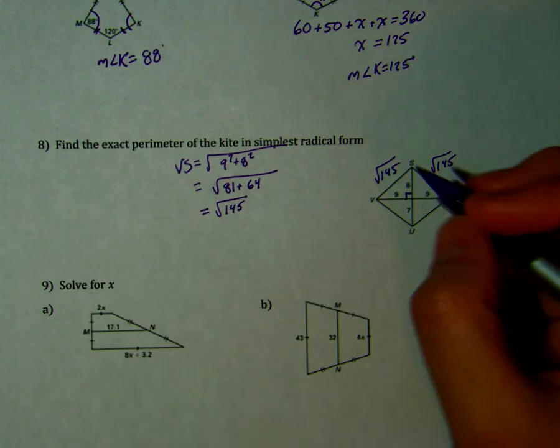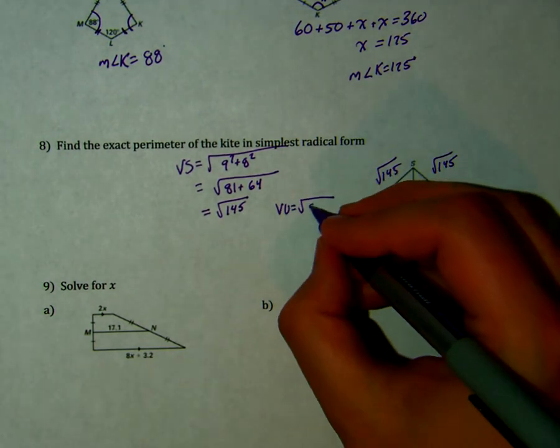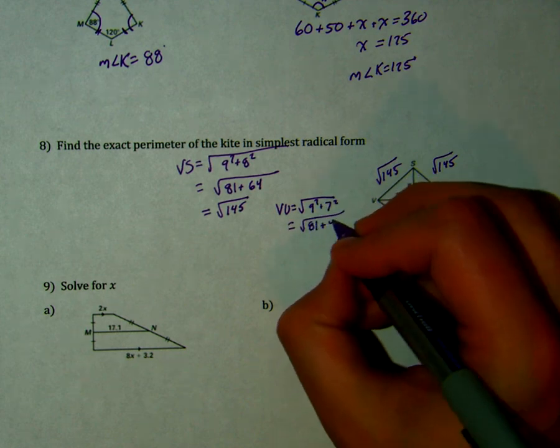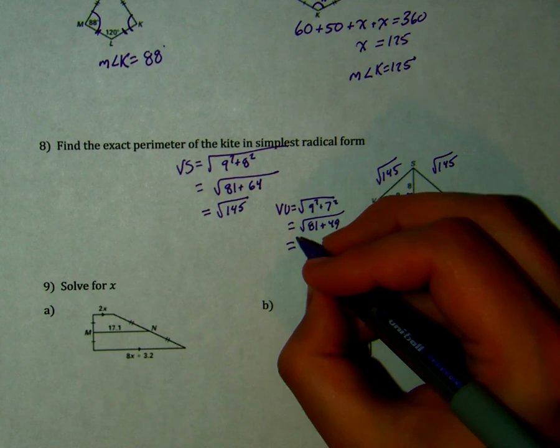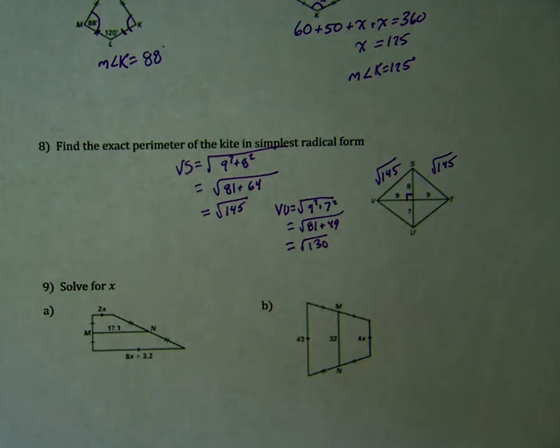VU is the square root of 9 squared plus 7 squared. So that is 81 plus 49. 81 plus 49 is 130. 130 is 2 times 5 times 13.